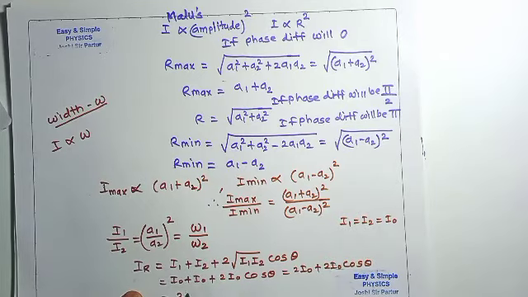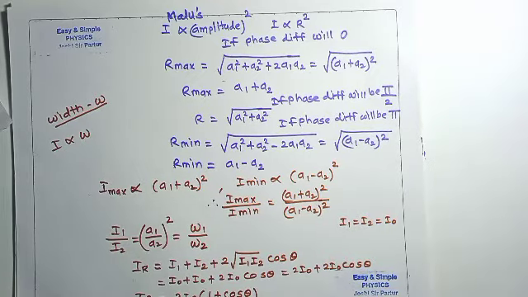If we take 2I0 common, it is 1 plus cos of theta. That is also the resultant intensity. If theta is 0, cos 0 is 1, so it is 4I0.